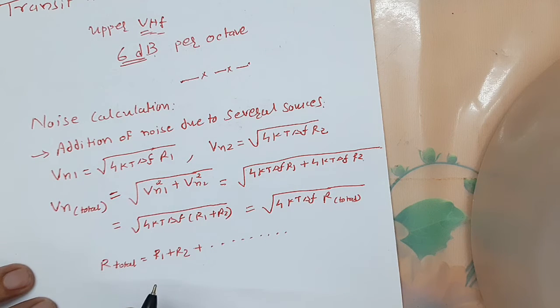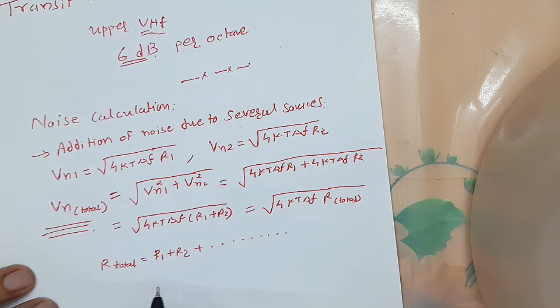It is seen from the above equations that in order to find the total noise voltage Vn total caused by several sources of thermal noise in series, the resistances are added and the noise voltage is calculated using this total resistance.